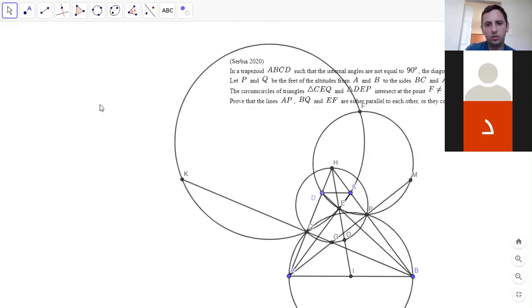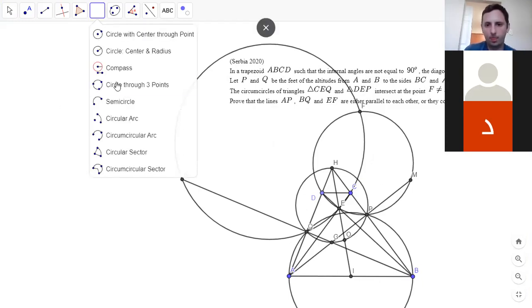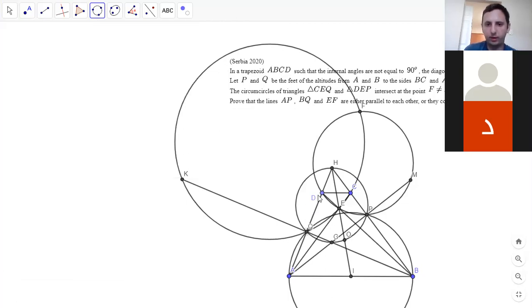By Reim's theorem, we know that CDPQ is cyclic. Okay, CDPQ is cyclic. That's an angle chase. Yeah, or Reim's theorem. And by radical axis, we know that CQ, PD, and EF are concurrent.